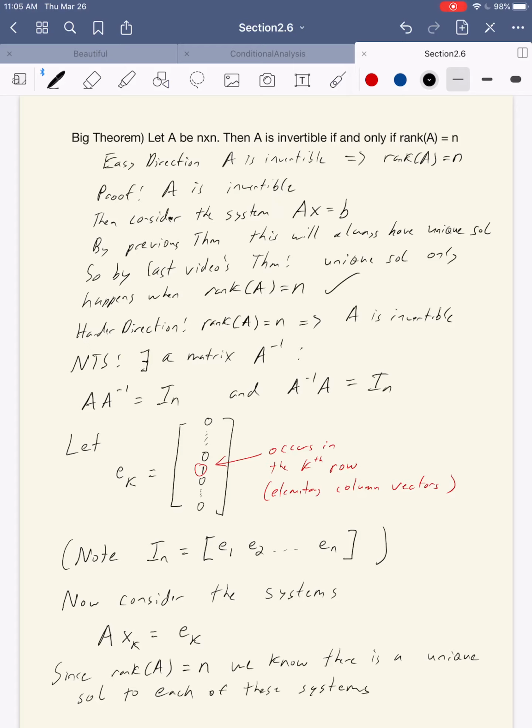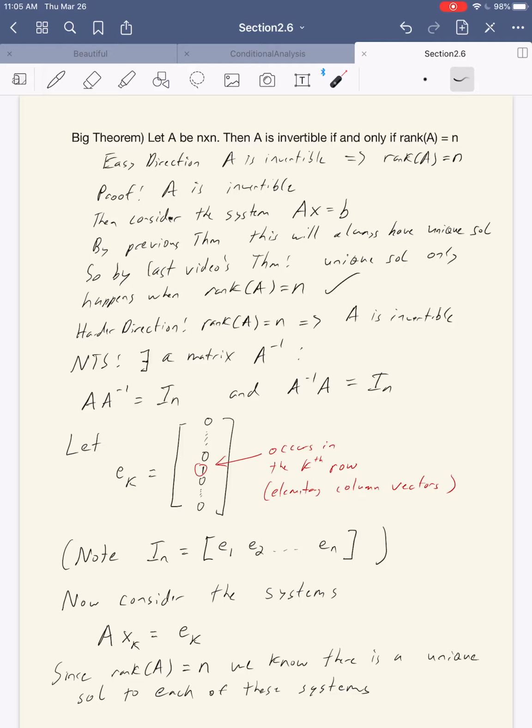This is from the previous video. Since the rank of A is n, there is a solution because the augmented matrix won't have any extra rank, so none of these can fail to have solutions. And because the rank matches the number of variables, there is a unique solution to each of these.